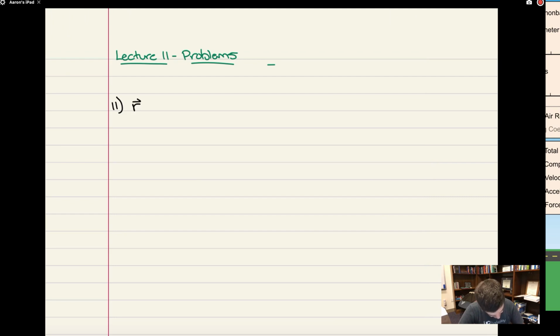They use the unit vector notation, so I will as well. So they have something like this. The particle's position in the x direction is given by that formula, and then the position in the y direction is given by this formula. So give me a time, I will tell you the x component and the y component.